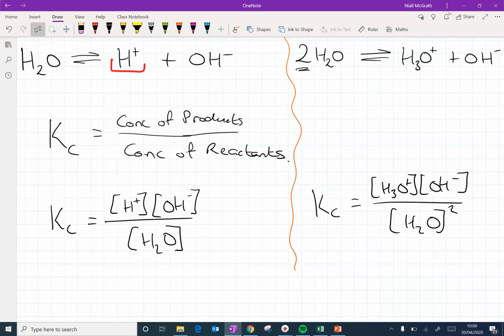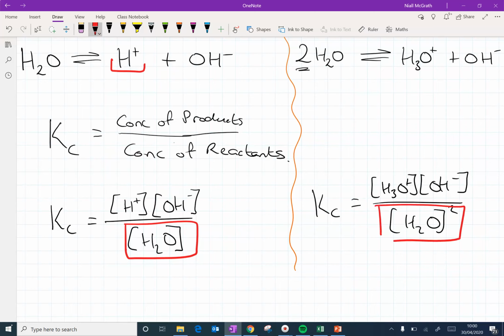Now, we can rearrange this in order to get the ionic product of water. The reason we can rearrange it is that the concentration of water doesn't really alter.